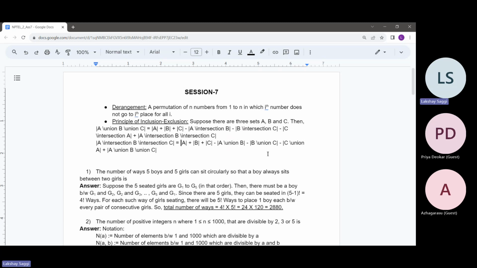Yeah, A union B union C, and then we subtract all of these, and then we sort of add back everything. Yeah, A union B union C I have done, and this will be subtracted here. This will also be. So yeah, something like this is also correct in inclusion exclusion.